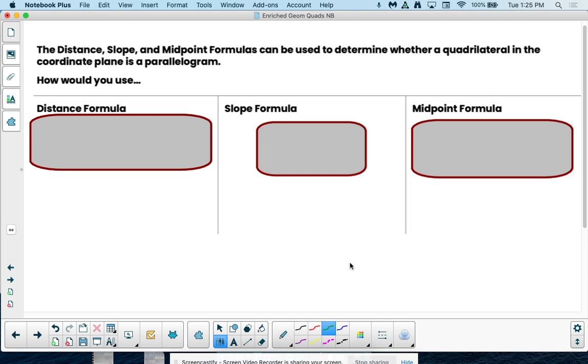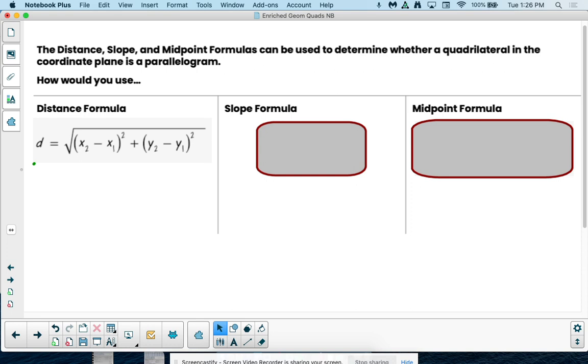So if we wanted to show a quadrilateral as a parallelogram in the coordinate plane, it's going to be giving us ordered pairs when you plot them. How would you show it's a parallelogram? You use either the distance formula, slope, or midpoint. So maybe you want to write these down so you remember what they are.